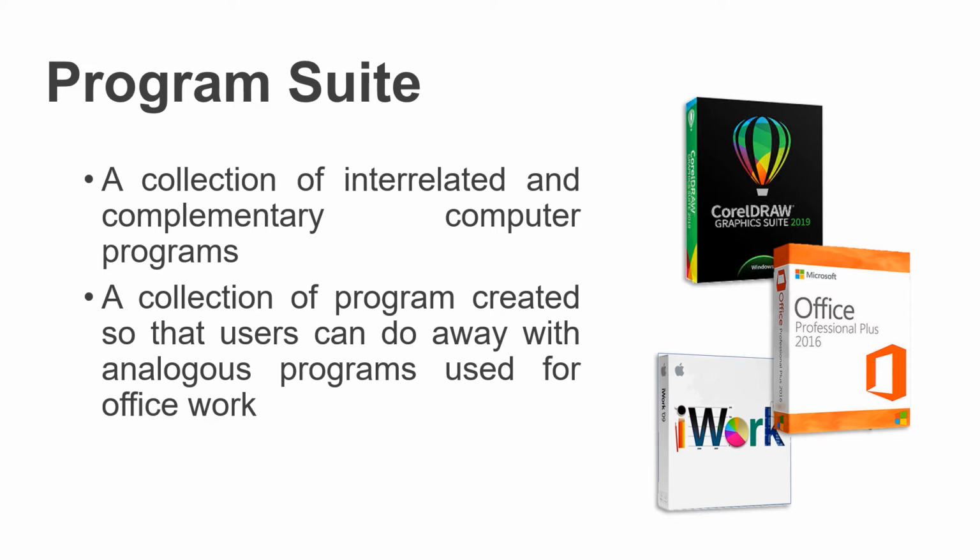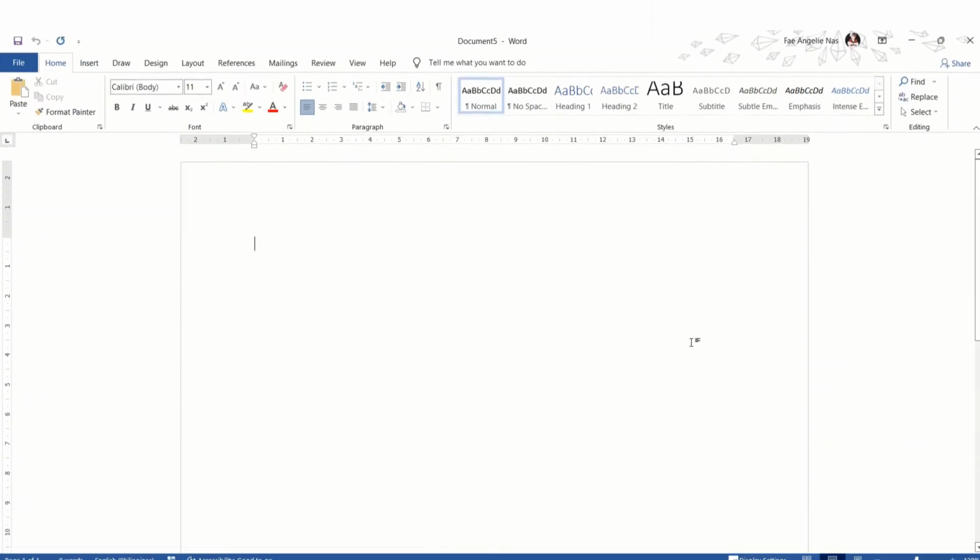Because PowerPoint and Google Slides are both for creating presentations, and Microsoft Word and Google Docs are both for creating documents. So meaning their purpose and their function is the same. However, the graphic user interface or the properties are not completely the same. That's why they are not complementary to each other.